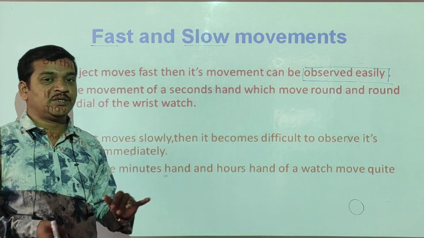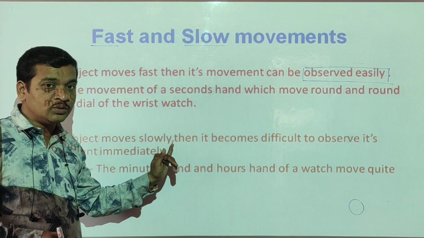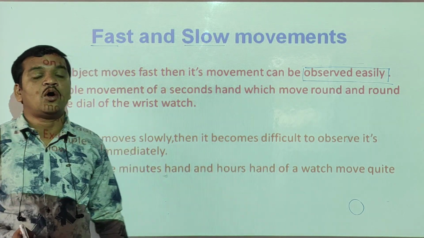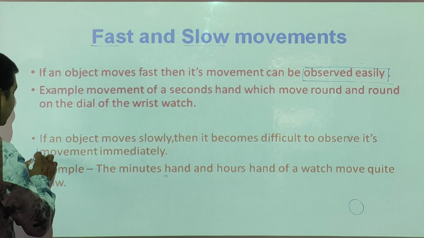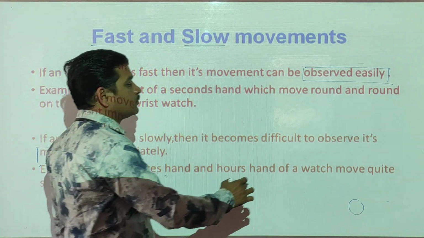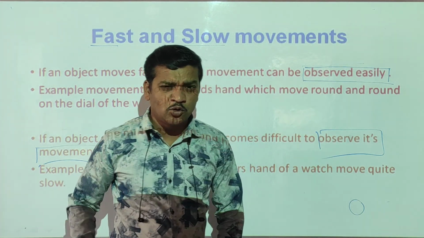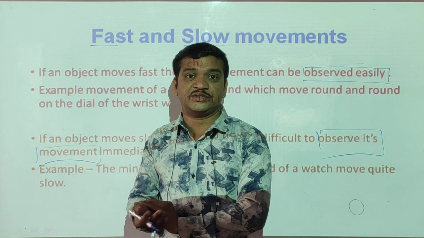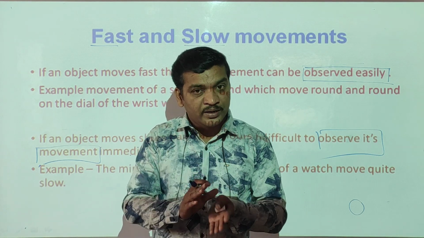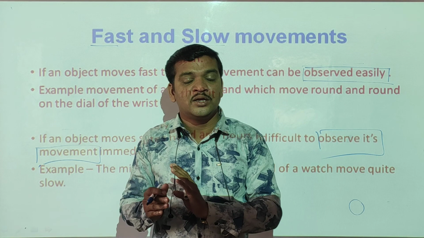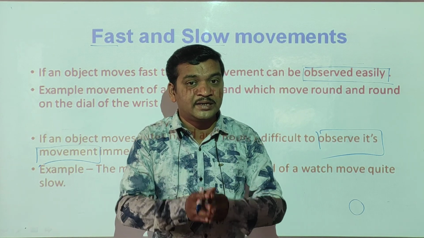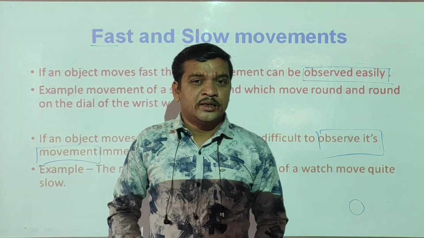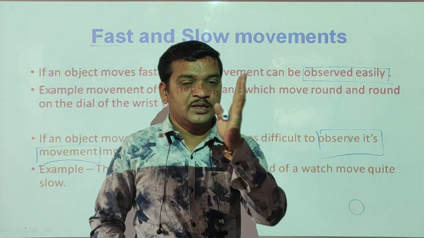And if an object moves slowly, then it becomes difficult to observe its movement. Means when the object is moving very fast, at that time we can observe its movement easily, but when the object moves slowly, we cannot observe its movement immediately. So this is the difference. I will explain one example to you, then you will understand.